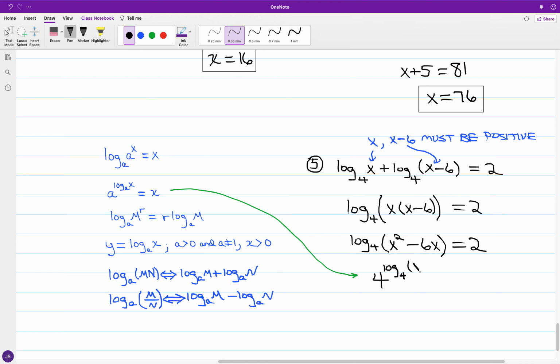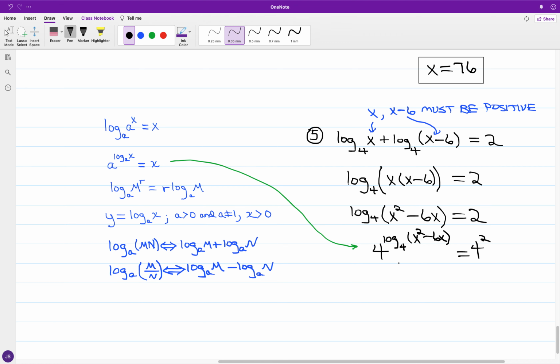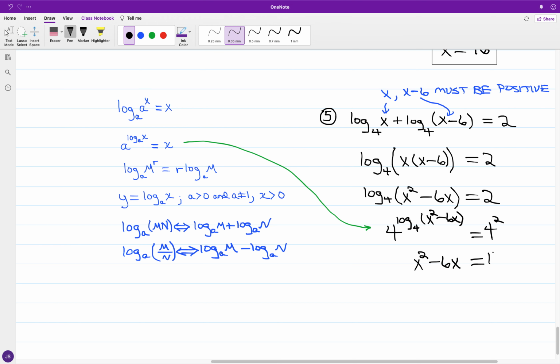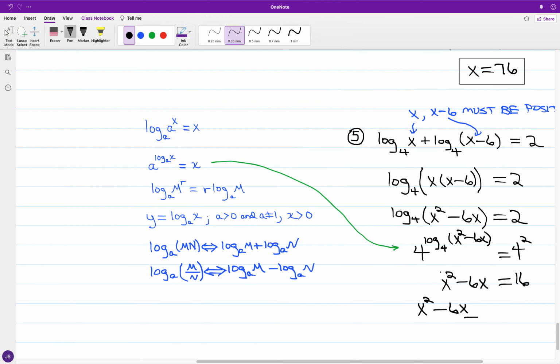So you have 4 to the base 4 logarithm of x squared minus 6x is equal to 4 squared. So on the left-hand side we have x squared minus 6x, and 4 squared is 16. If I make this into a quadratic equation in standard form, we have x squared minus 6x minus 16 is equal to 0.